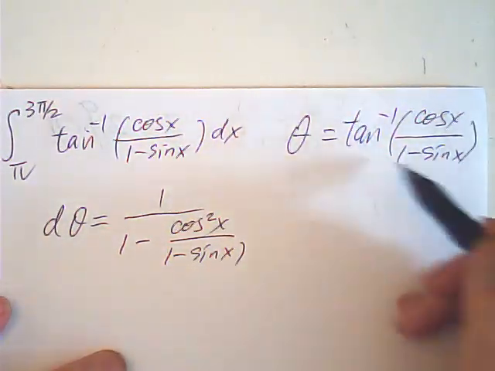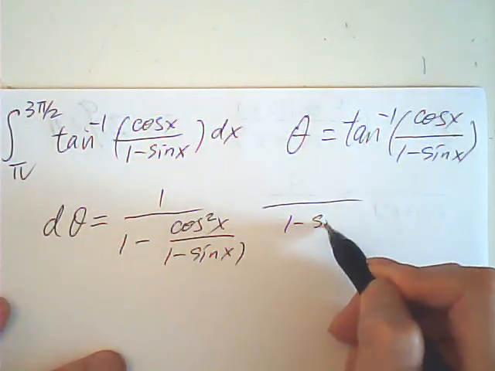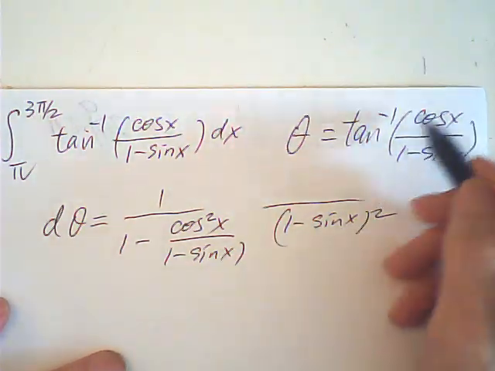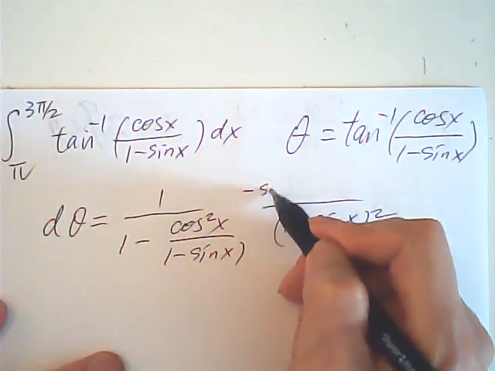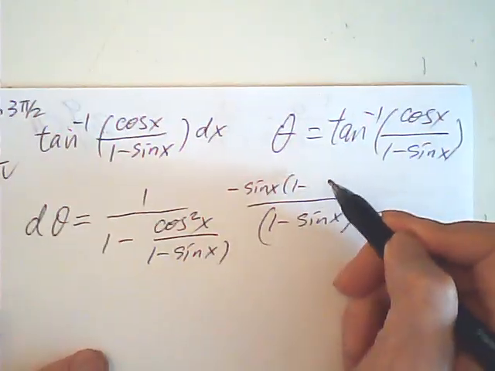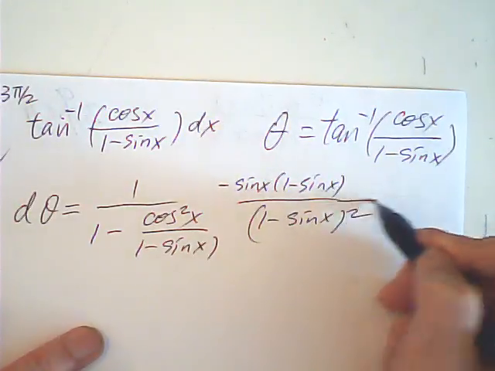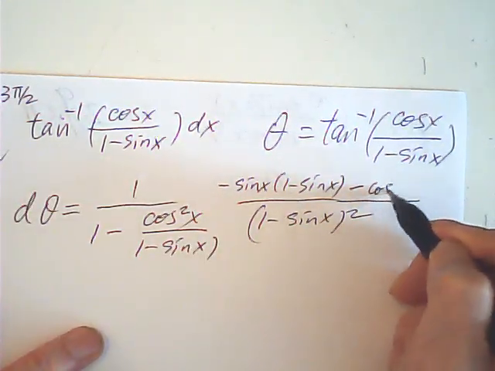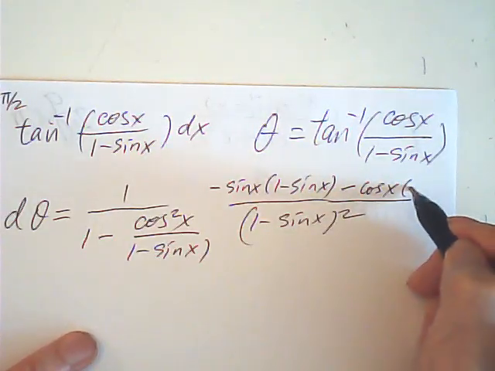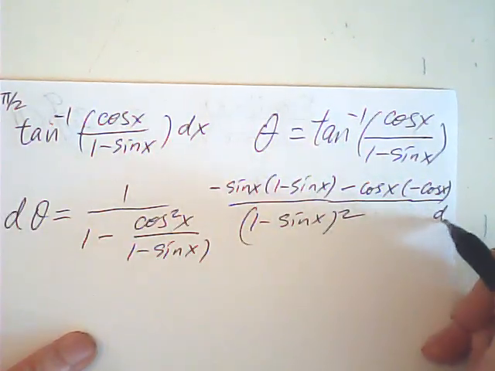Multiply the chain rule, right? The derivative of this one, which is equal to 1 minus sine square, and the numerator will be negative sine times the denominator, which is 1 minus sine, minus cosine times the derivative of this one, which is a negative cosine, and then dx.